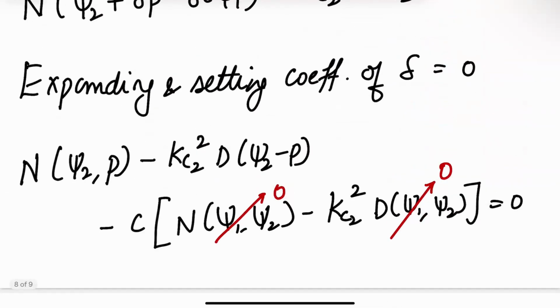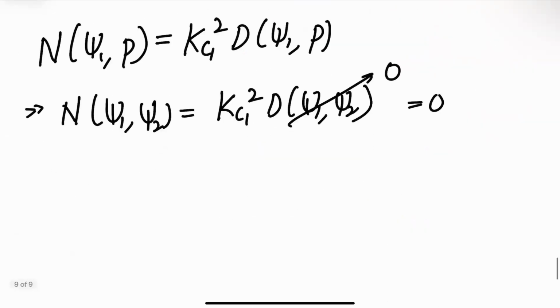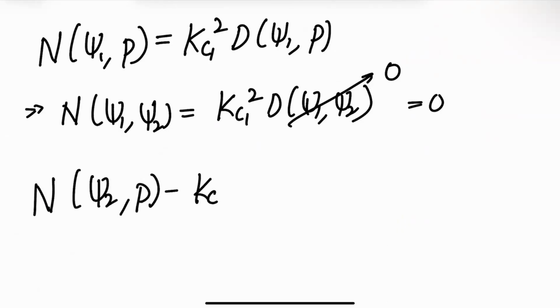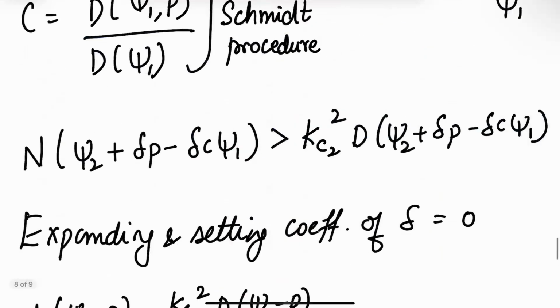Okay, so we end up with just this, which is N of psi 2 comma P minus AC2 square D of psi 2 comma P is equal to 0. Okay, and this is exactly what we had here.